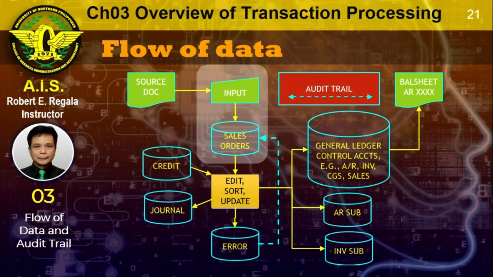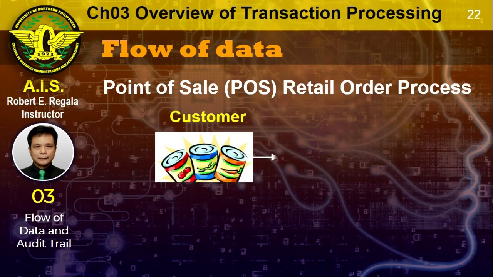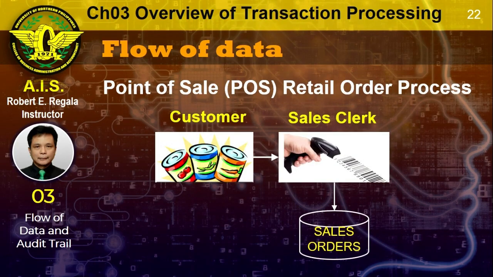It should be noted that some computer systems do not use physical source documents. Instead, transactions are captured directly on digital media. An example of this is when a customer picks grocery items from shelves in a grocery store and proceeds to the checkout counter for payment.